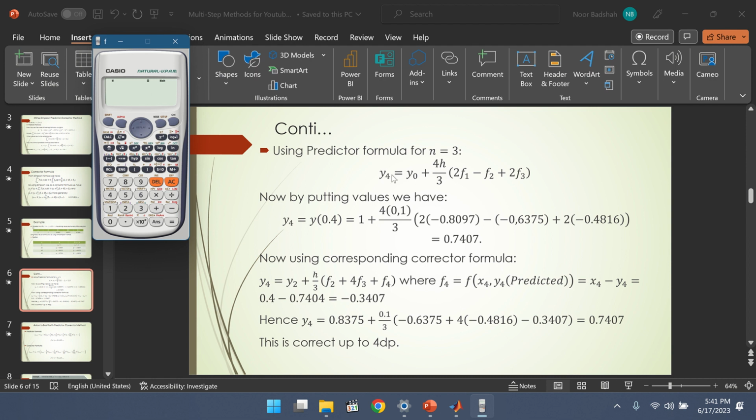So I'll simply write this formula first. I'll say y equals y again, but keep one thing in mind, that I'm going to input the value of y differently, because in case of predictor formula we are having y naught here, whereas in case of corrector formula we will be using y2 here.